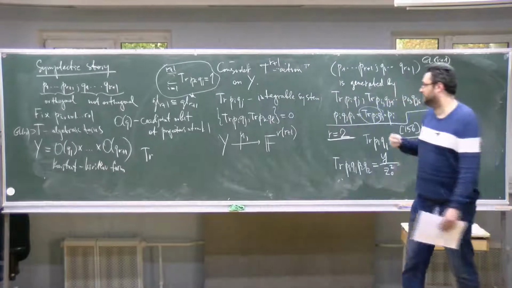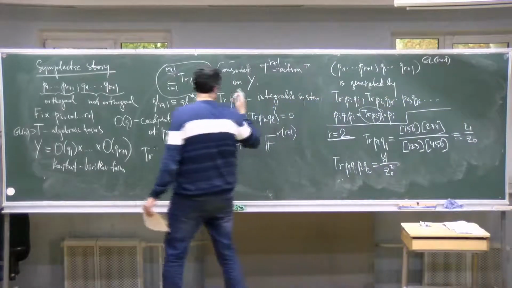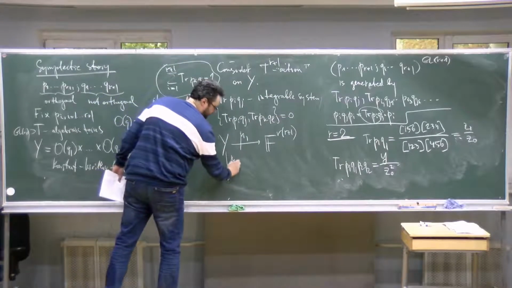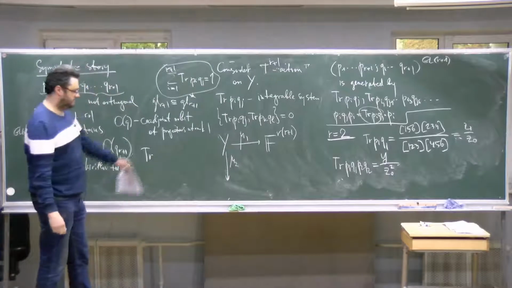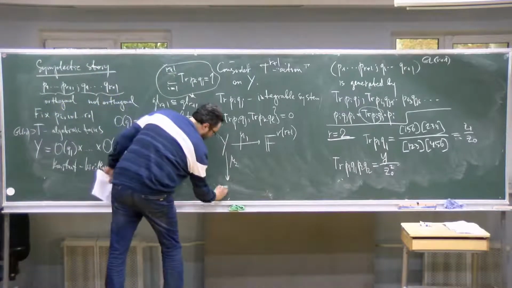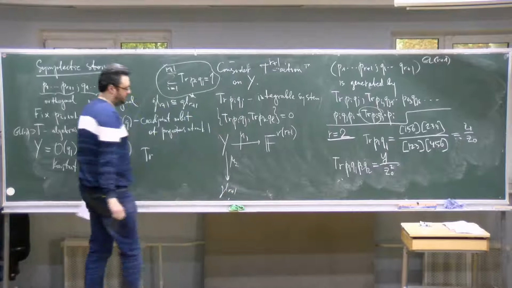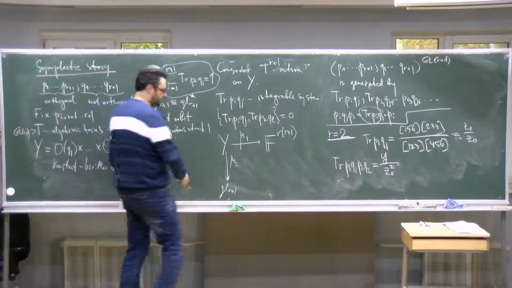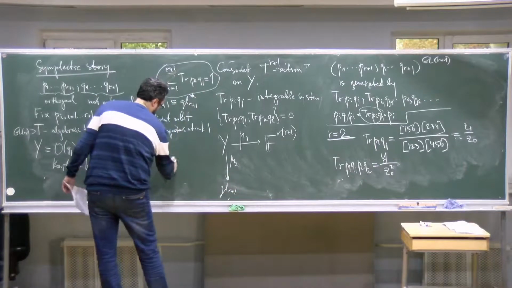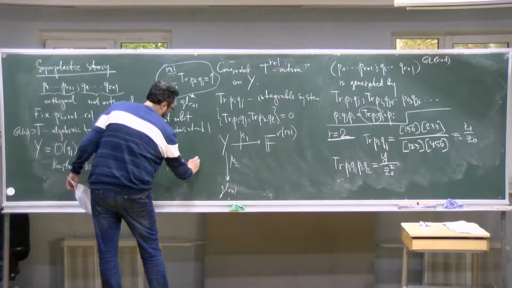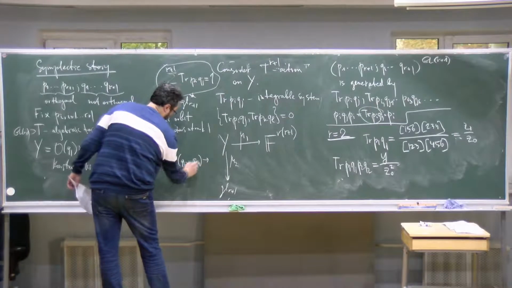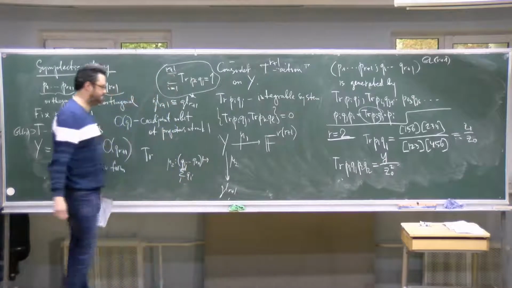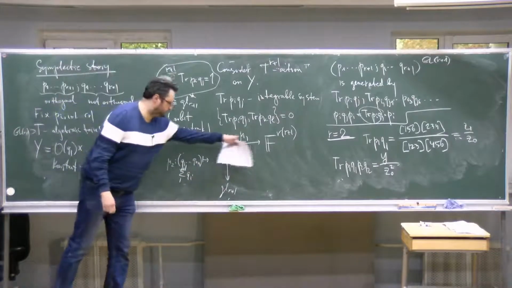So we have another action, another moment map, to the Lie algebra gl_{r+1}, defined by the following correspondence: (q_1, ..., q_{r+1}) maps to the sum of q_i. We have two maps.